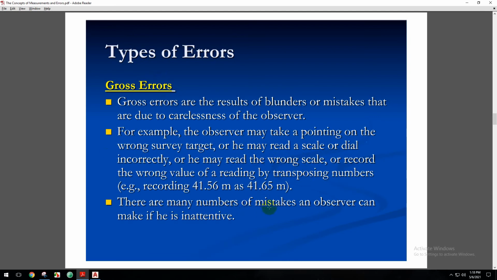So there are many numbers of mistakes an observer can make if he is inattentive. So, imbis mag-survey mo, imbis tanawon ninyo ang inyong rodman, inyong tanawon ang chicks. So, dako og chance nga magka-error gyud mo. So, gross errors na siya. Di ba? Very avoidable pa man so far.